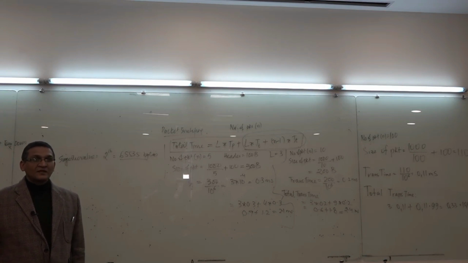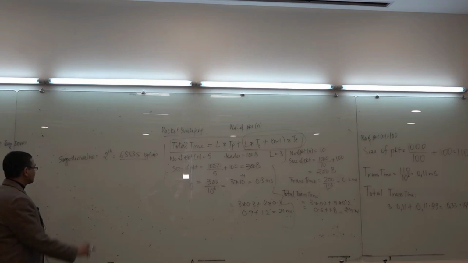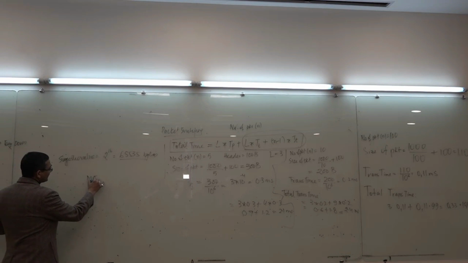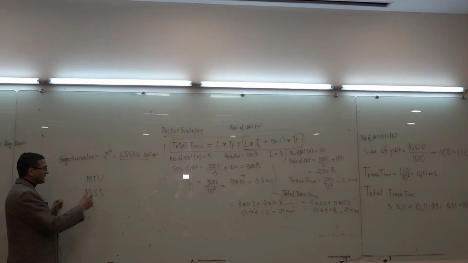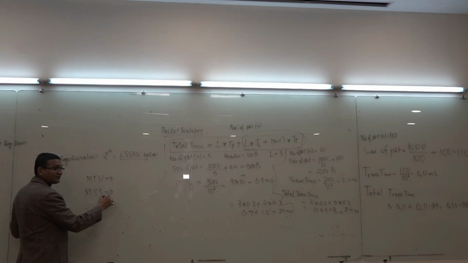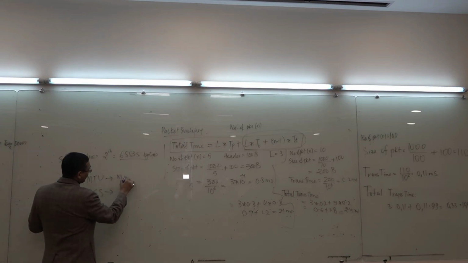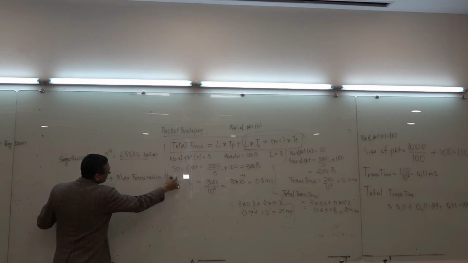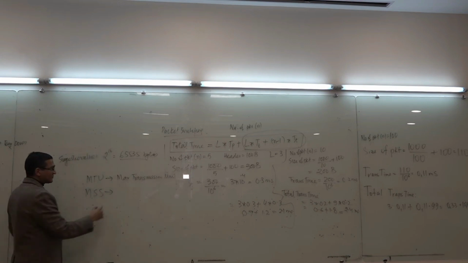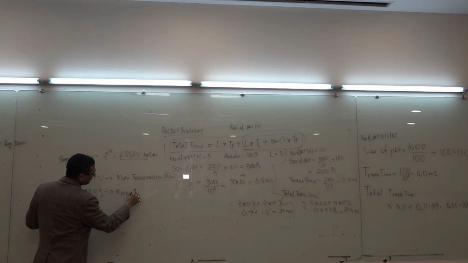Again, why is it not working? Because the packet size is determined by two main factors, the MTU and the MSS. We will discuss these also, but I'll give you some introduction. MTU is the maximum transmission unit, and MSS is the maximum segment size.